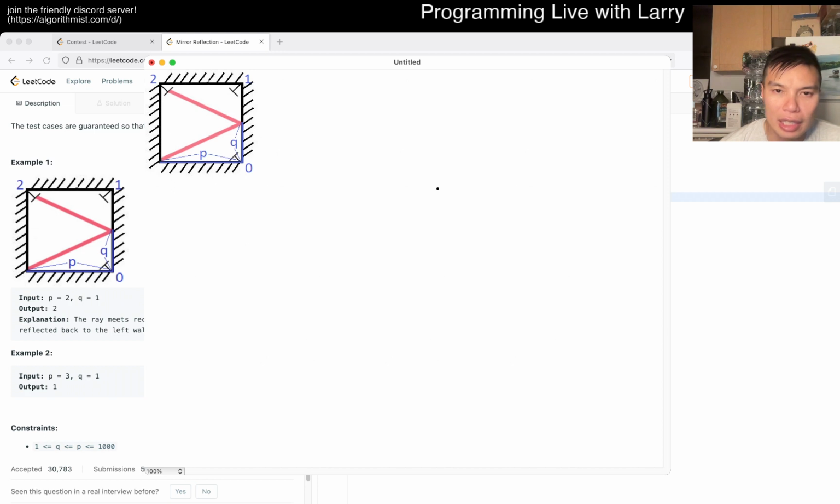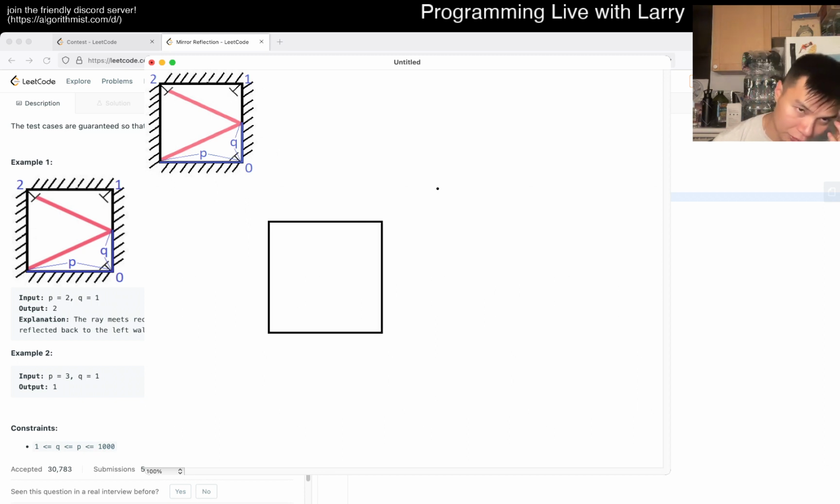So P equal to Q is equal to 1. How do we get 0? There are only really a couple of cases, and I'm trying to figure out how that relates with P and Q. Another case might be something where 2 is the one on the wall, but that would also be 1, right?